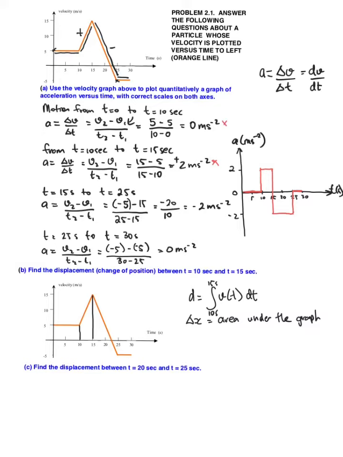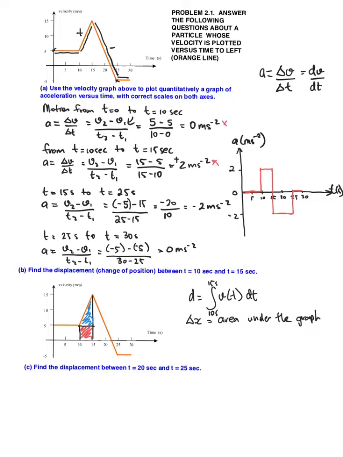Because we have a nice linear function here, it's reasonably easy. We've got two little sections we can work out. We can find the area of this box and then add it onto the area of this triangle.